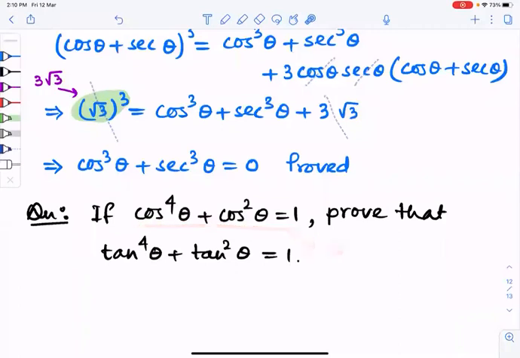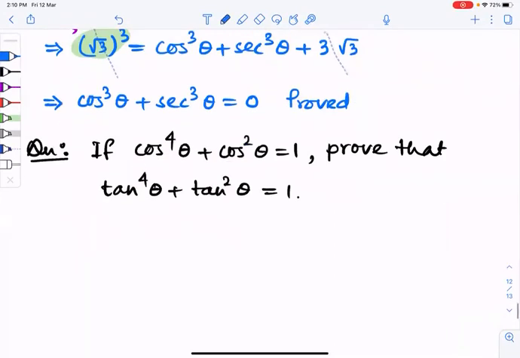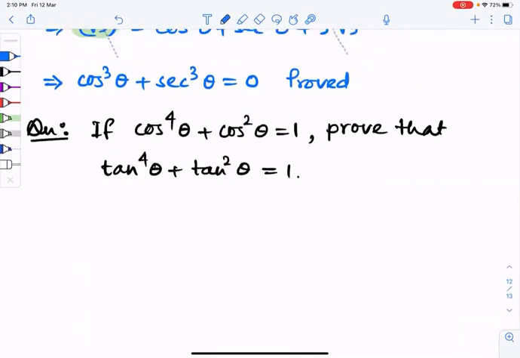The given relation is in terms of cos. What I have to find is in terms of tan. How can it be solved? The given relation can be written as cos to the power 4 theta is equal to 1 minus cos square theta.